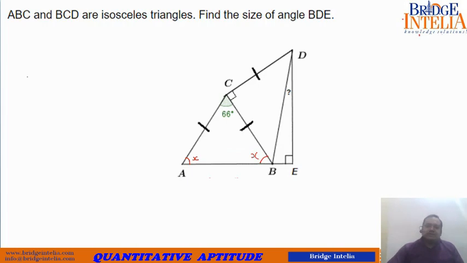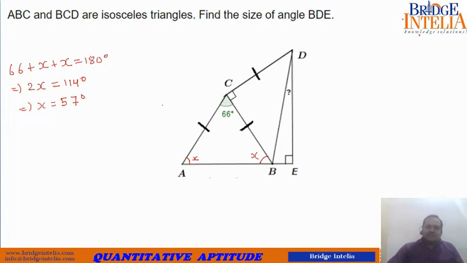So 66 plus 2X must be equal to 180 degrees, because the sum of the three angles of any triangle is 180 degrees. So from here you can see that 2X is equal to how much? 114 degrees. So from here X is 57 degrees.